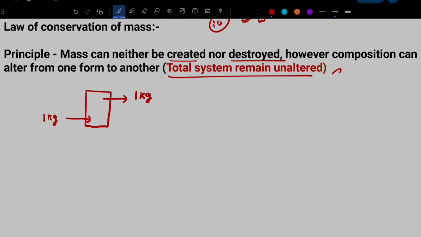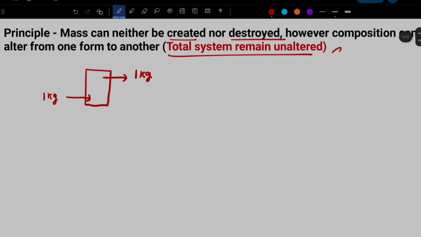So how should I interpret this? Let me put it in a simple way. The rate of mass entering minus the rate of mass exiting.